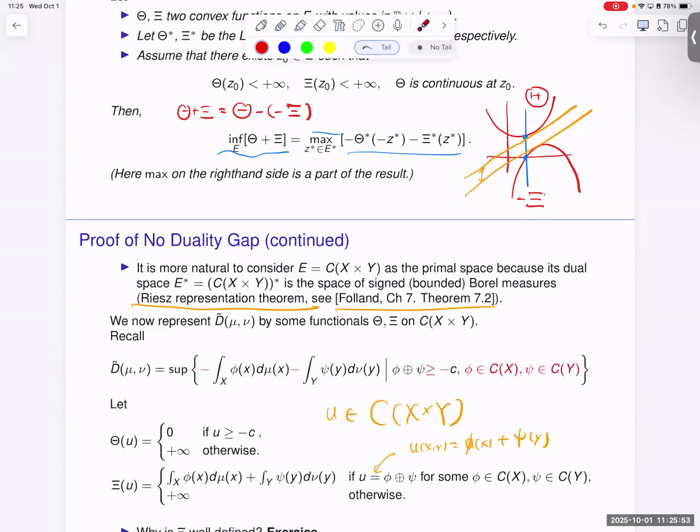Okay, we want it expressed in this way. Also, this expression, which is now u, has to be bigger than or equal to negative c. So we translate this constraint on the functions phi and psi into a constraint on the function u on the product space x times y, as this decomposition condition and this inequality.